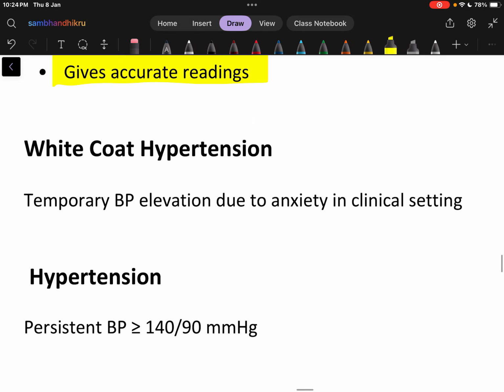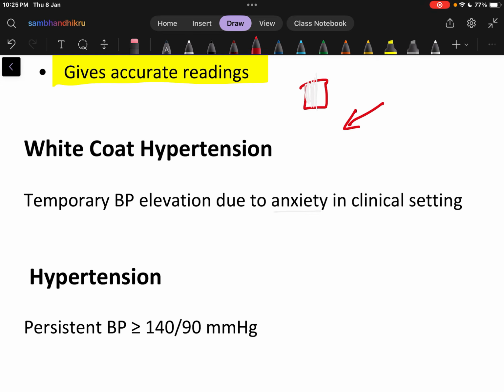Okay, white coat hypertension means, when the doctor comes inside the ward, they are wearing the white coat, isn't it? So due to the white coat, you feel the doctor will come and inject you or do an operation, and some anxiety will be there.